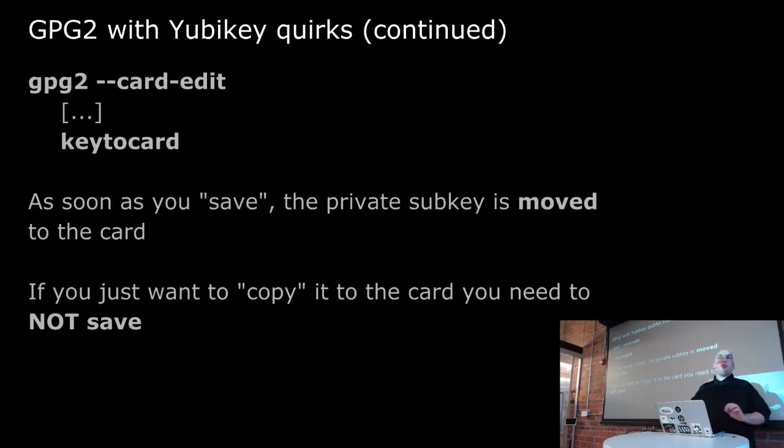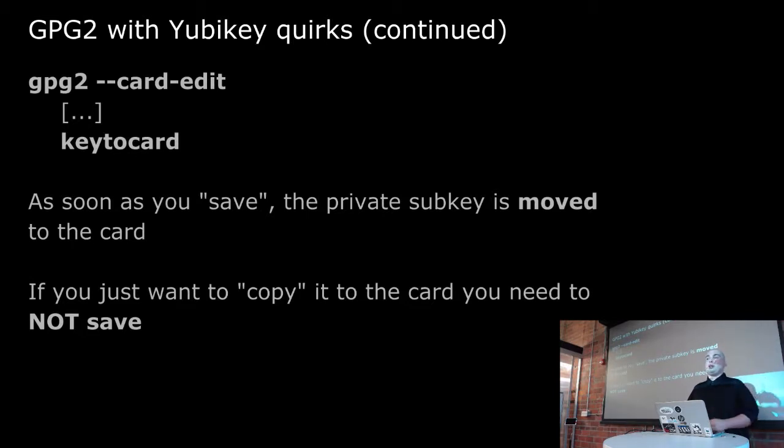Okay, here's one of the things that threw me off at first, and there will be a demo on this. If you generate a key, your private key, and you want to move it to your card so it's safe, and then you go to quit, it asks, do you want to save? Well, yes, of course I want to save. So you save it, and that key is no longer on your computer.